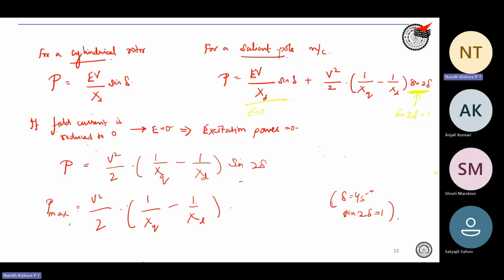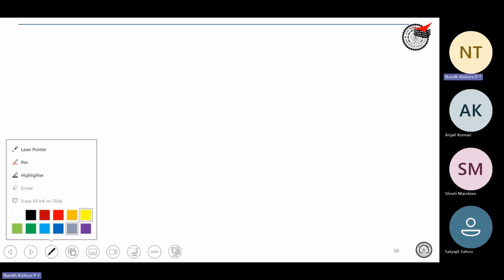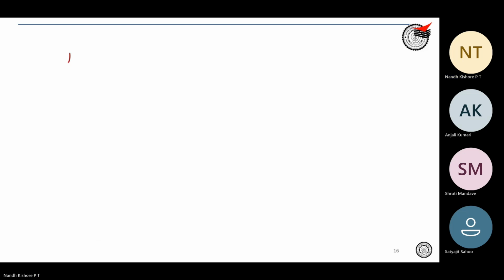So Pmax is basically V square by 2 into (1 by XQ minus 1 by XD), because sin 2 del is 1 and E is equal to 0.